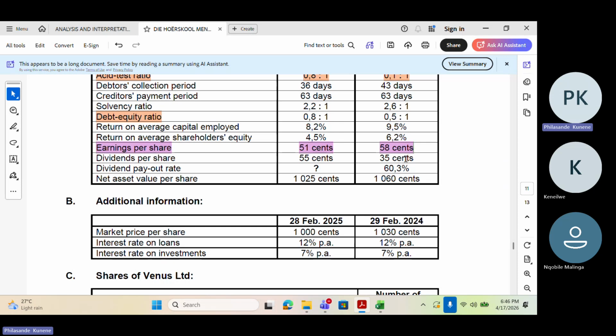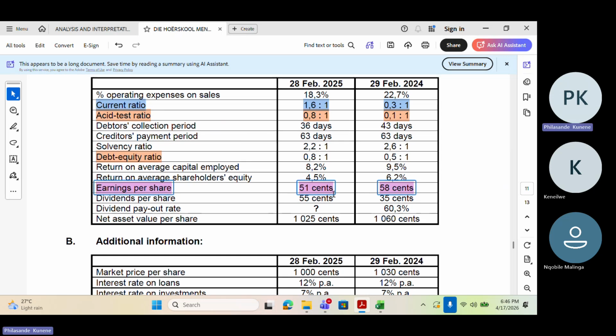Because if a shareholder was earning 58 cents on one share, now the shareholder is earning 51 cents. Shareholders will not be happy about this earnings per share.